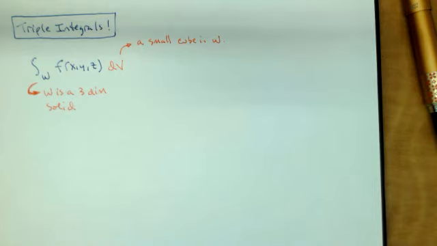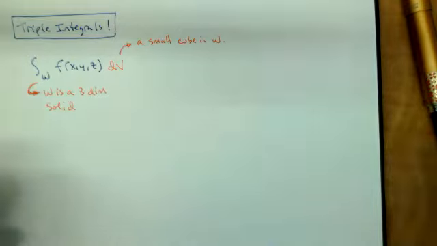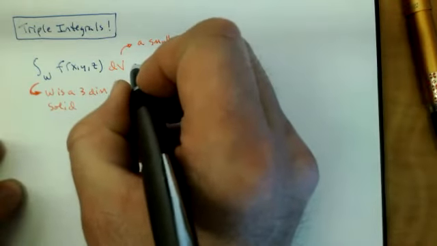We're going to have to find a way to describe the values that we need to plug into the function. And we're going to use the same technique that we used for the double integral. I'm going to need three integrals.